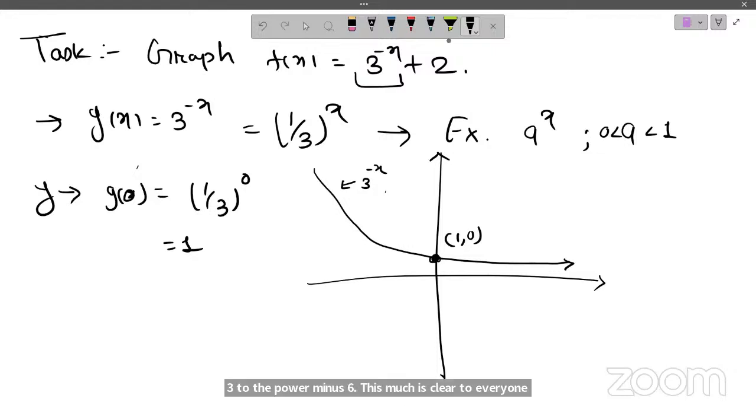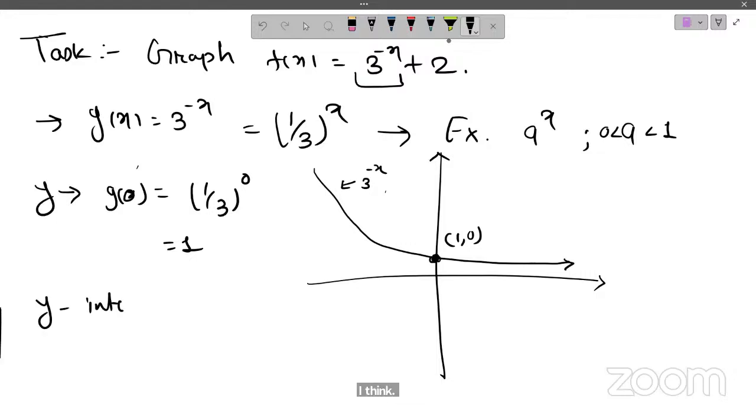Ma'am, why is the y-intercept 1, it should be 3 now. I'm not telling the y-intercept of the final graph.